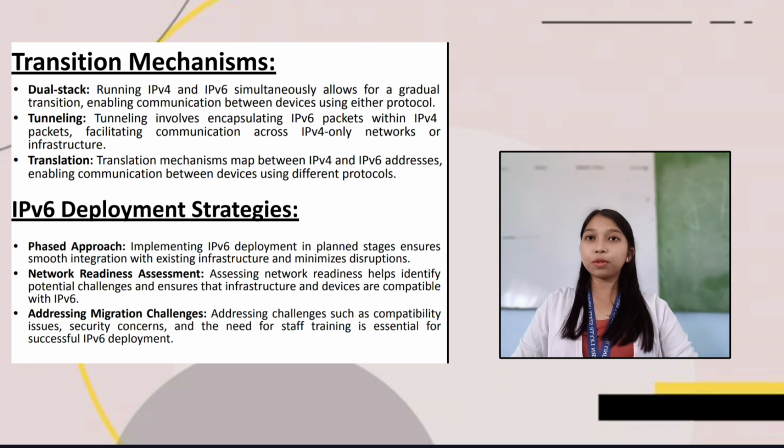Tunneling involves encapsulating IPv6 packets within IPv4 packets, facilitating communication across IPv4-only network infrastructure. And last is translation. Translation maps between IPv4 and IPv6 addresses, enabling communication between devices using different protocols.